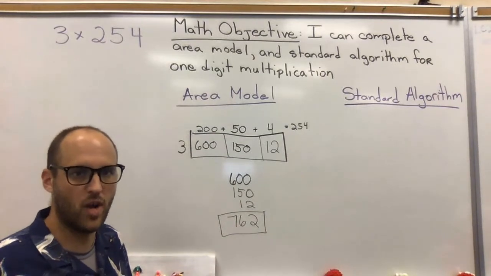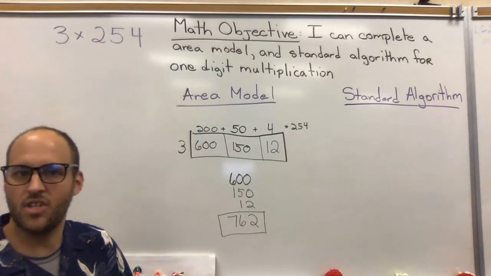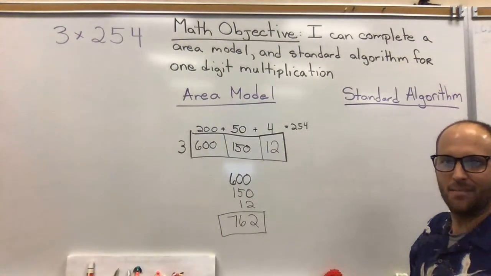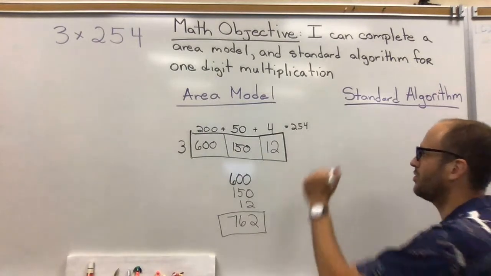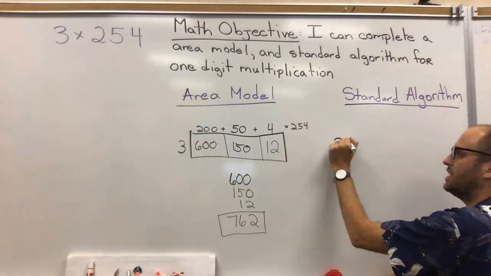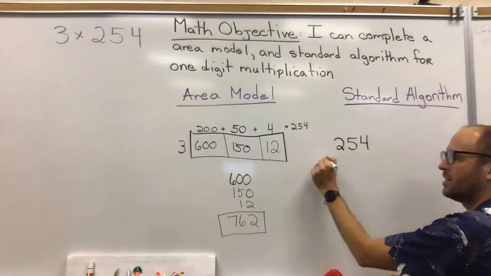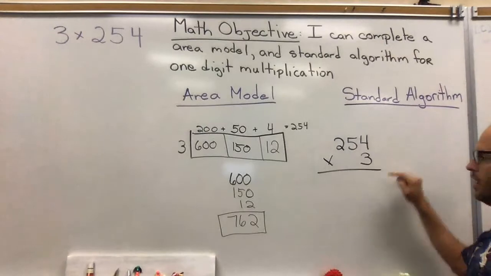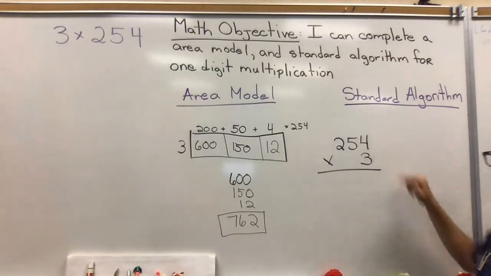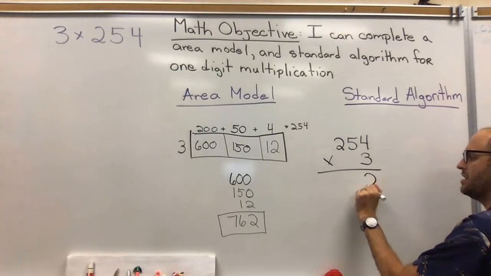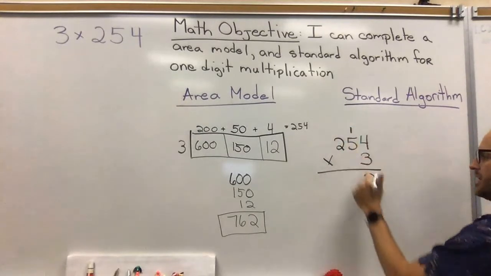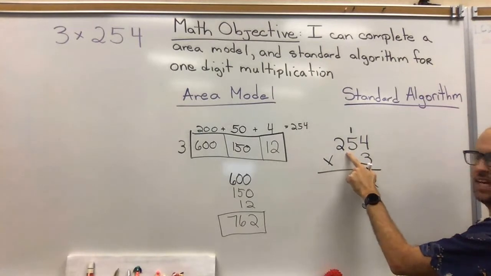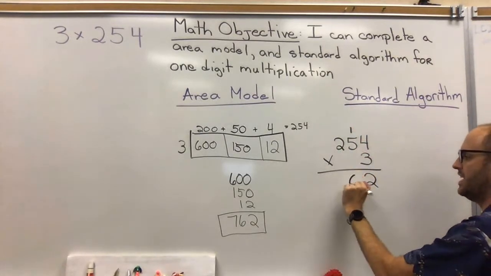So as I switch from one side to the other like magic, bam, here I am. So the standard algorithm, you would write 254 times 3. 3 times 4 is 12. You put the 2 down here, and you bring up the 1, so it looks like 12. 1 ten, 2 ones. 5 times 3 is 15, plus 1 is 16.